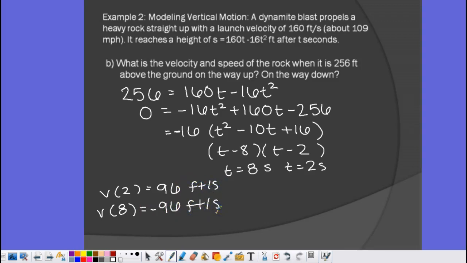We have one more question. It says, what is the speed? So how does speed compare? Speed is just the same up and down. Exactly. Direction is not included.